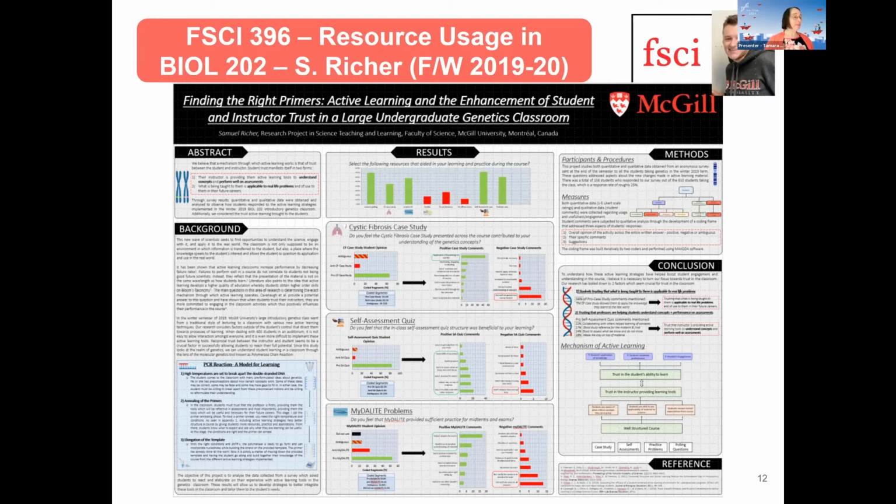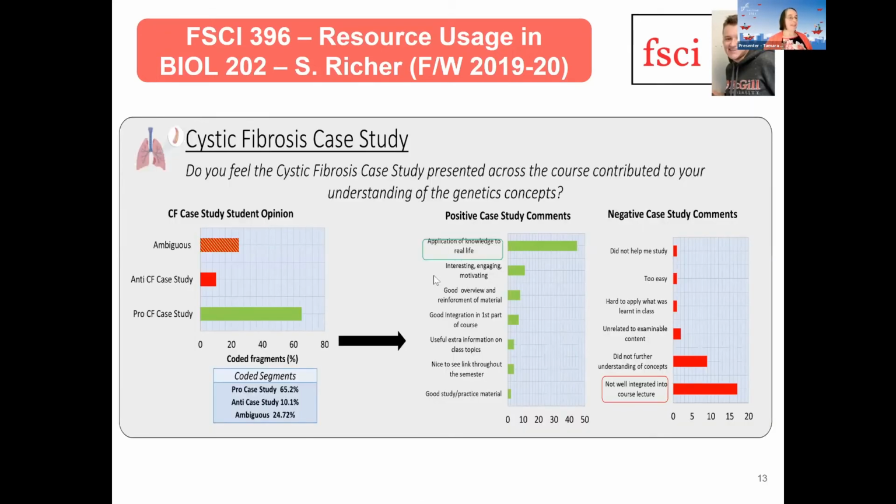And this is talking about his work in Biology 202, which is a very large introductory genetics course. And in the course, what Sam was studying was the students' perceptions of some different active learning or course resources that we put into the course, and seeing what the students' perceptions of them were, whether they found them useful for their learning. So this is an example of just one of the things in this course.